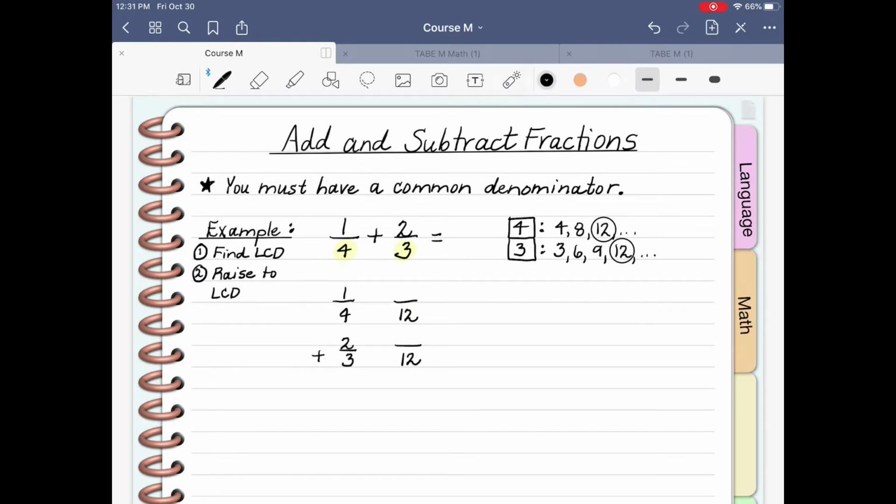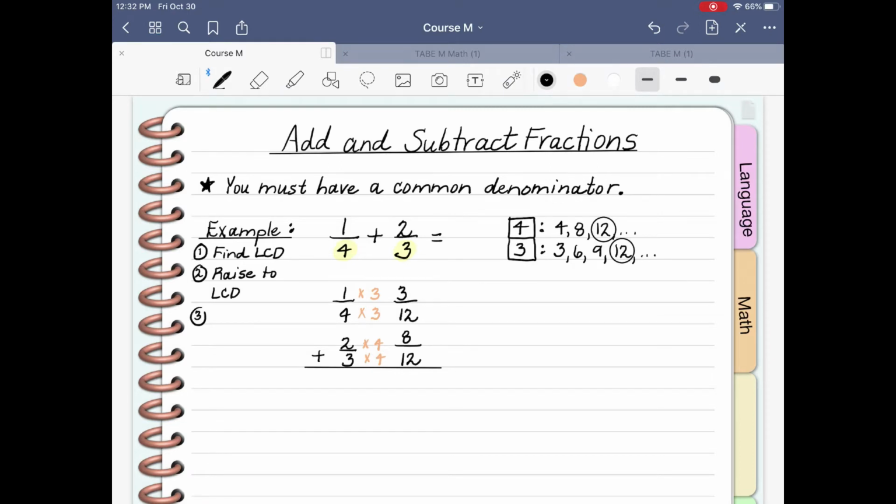We've got to get them on common terms before we can add them. 4 times 3 is 12, so 1 times 3 is 3. 3 times 4 is 12, so 2 times 4 is 8.